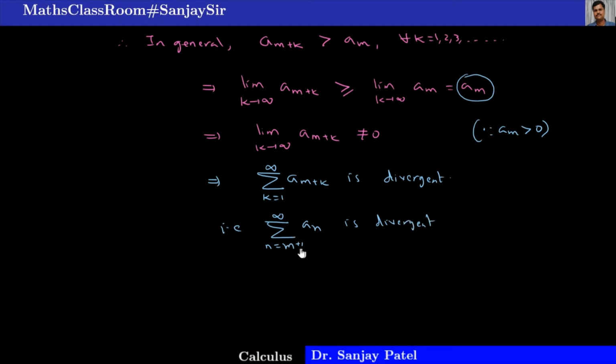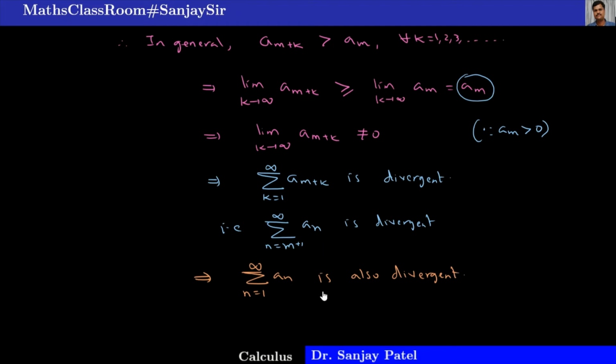If you put n equal to m plus 1, you will get the first term am plus 1, then am plus 2. Here also if you put k equal to 1, 2, 3 and so on, you get am plus 1, am plus 2 and so on. So the conclusion from this is that sigma from n equal to 1 to infinity of an is also divergent, since addition or omission of some number of terms from a given series will not affect the convergence.